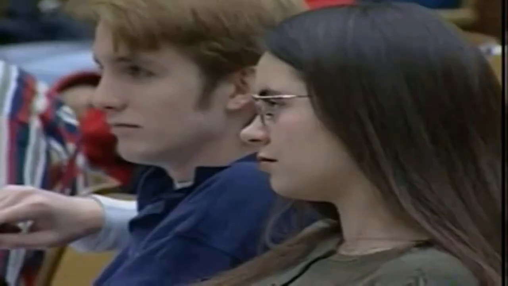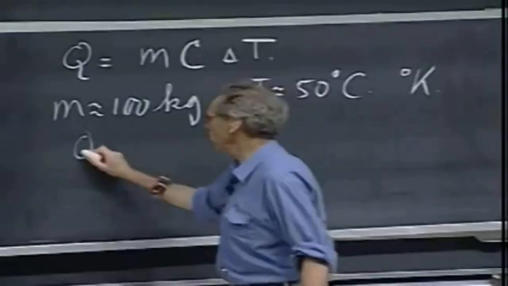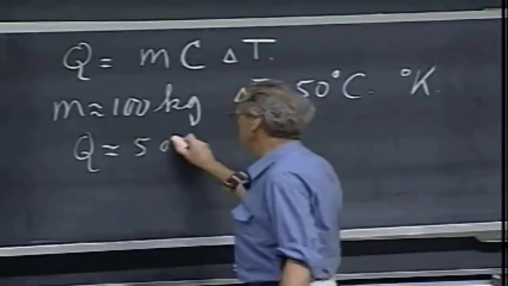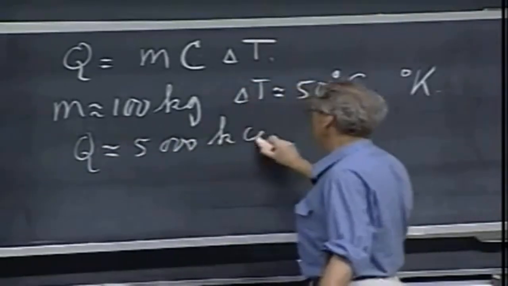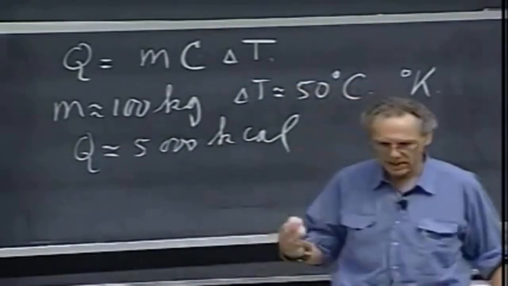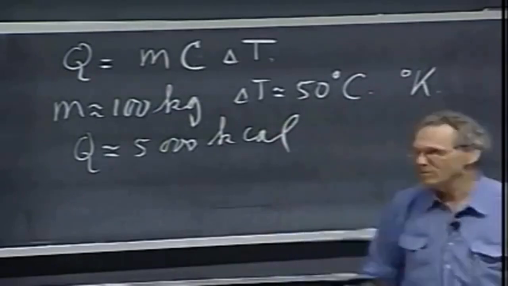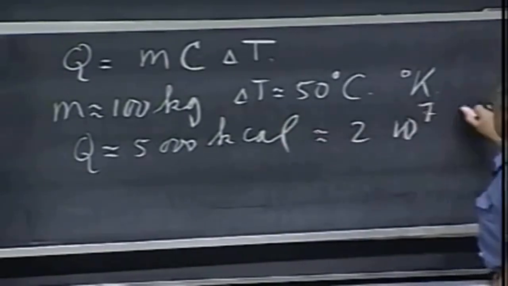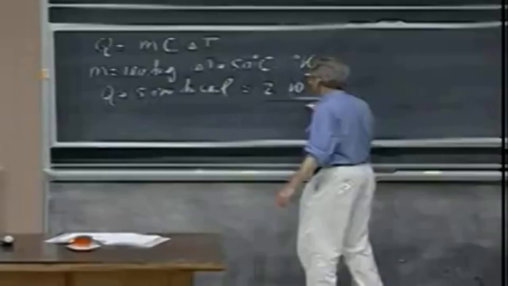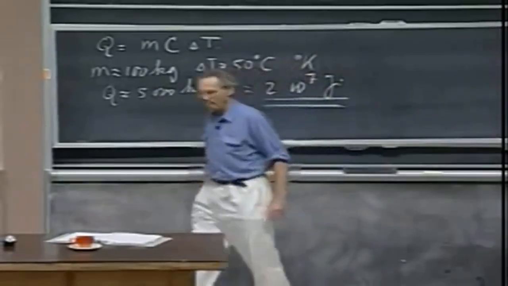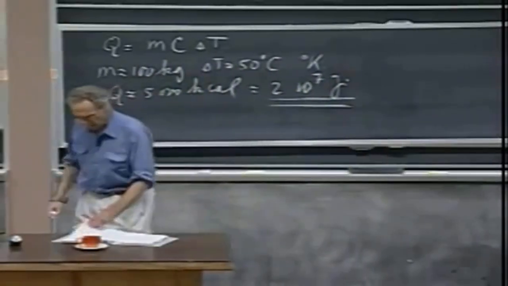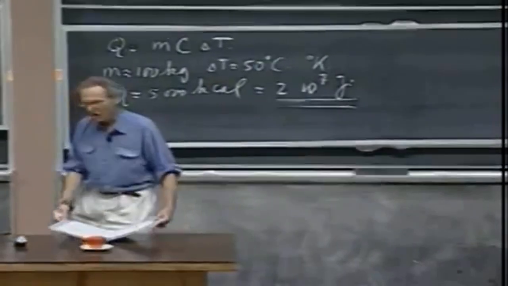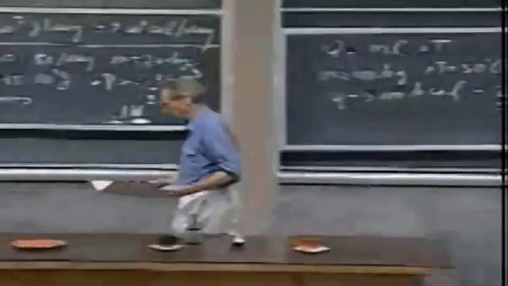We have water, and so you'll find that Q becomes roughly 5,000 kilocalories. That's how much heat energy it takes, which is 2 times 10 to the 7 joules. So that's the energy that is needed to heat up a bath and enjoy that pleasure. I'll get back to this bath very shortly.